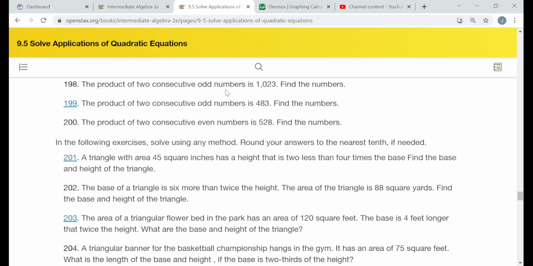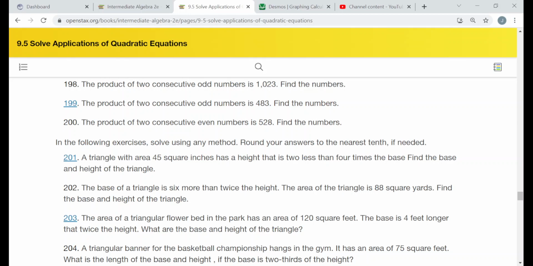If you go from one even number to the next one, you're adding 2. Same thing for consecutive odd numbers. You go from one odd number to the next odd number, you're just adding 2. So the product of two consecutive odd numbers is 1023, and we're asked to find these numbers.